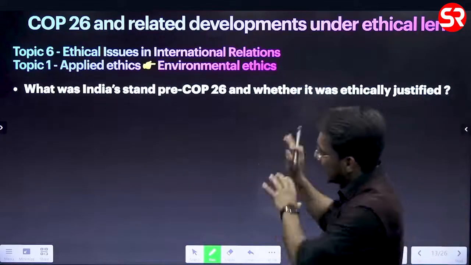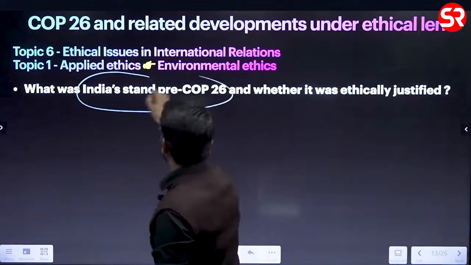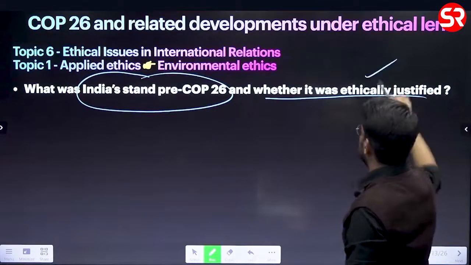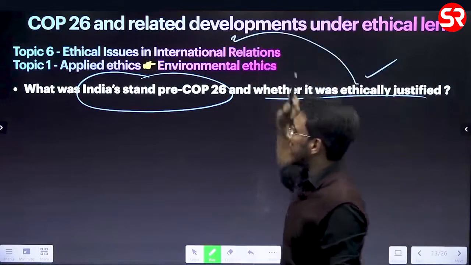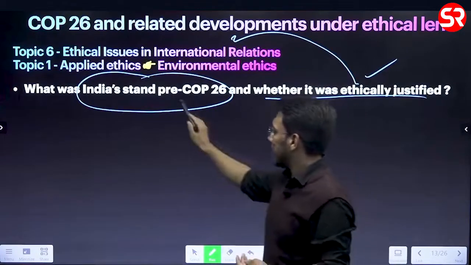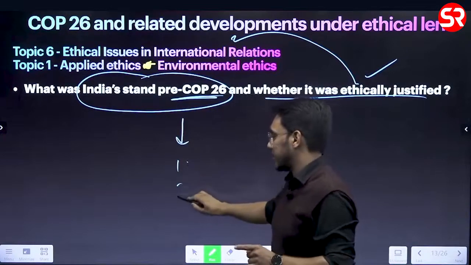Now, let's discuss what India's stand was pre-COP26 and whether it was ethically justified under environmental ethics or not. Basically, before COP26, India was made two types of requests.